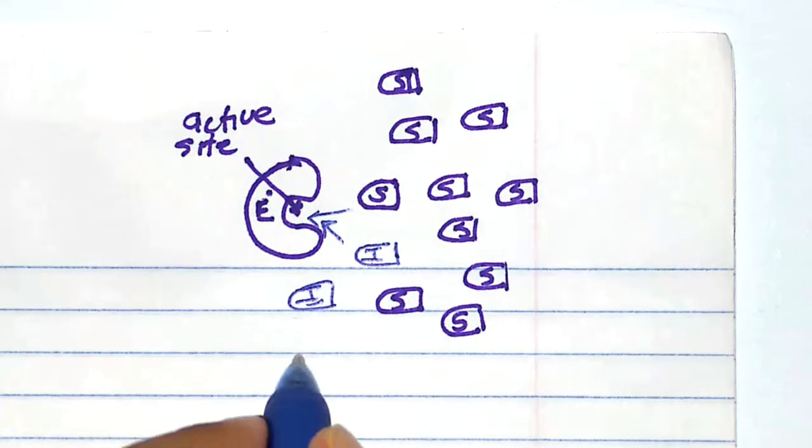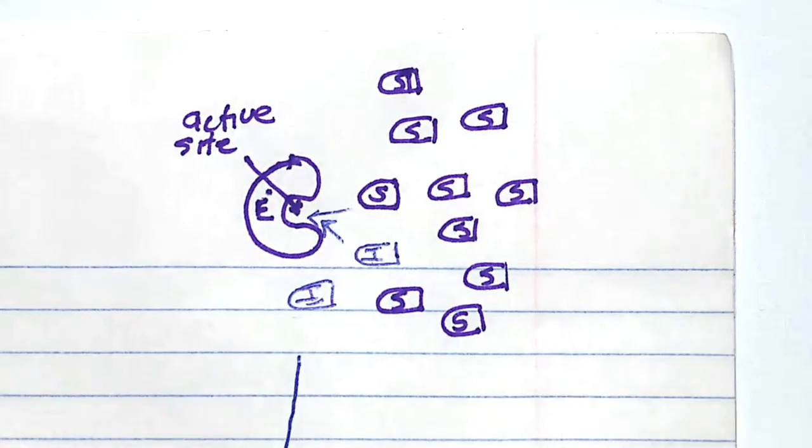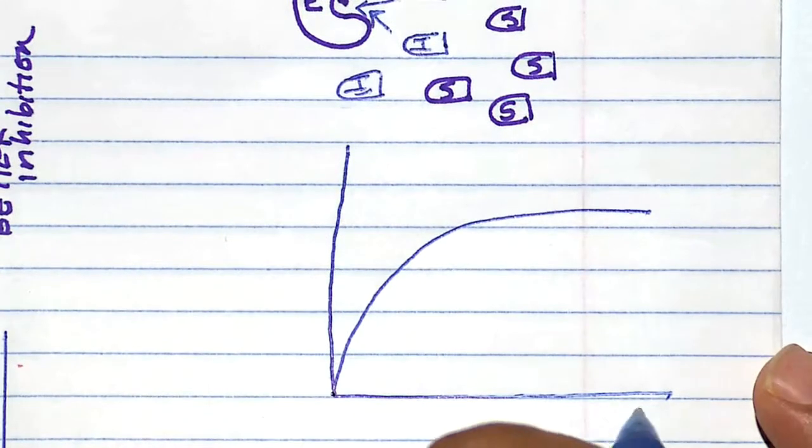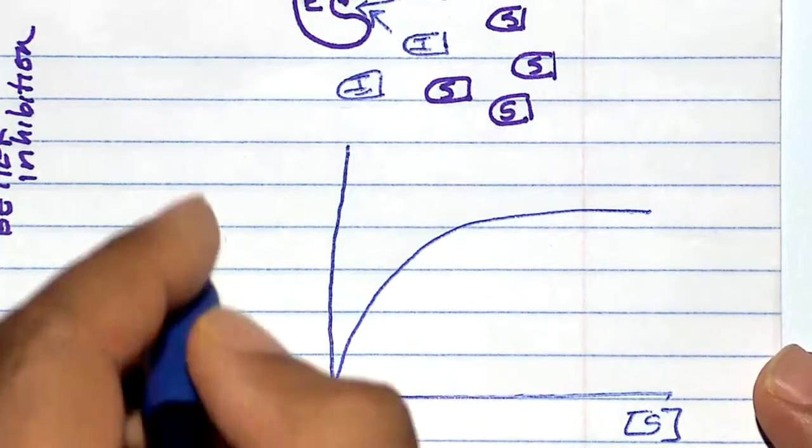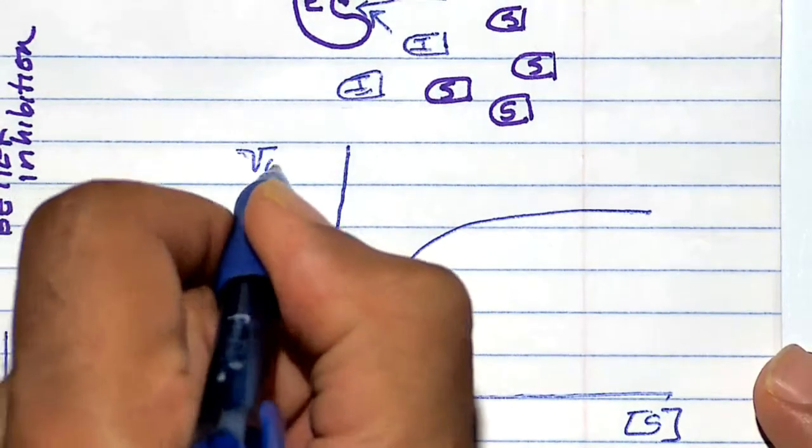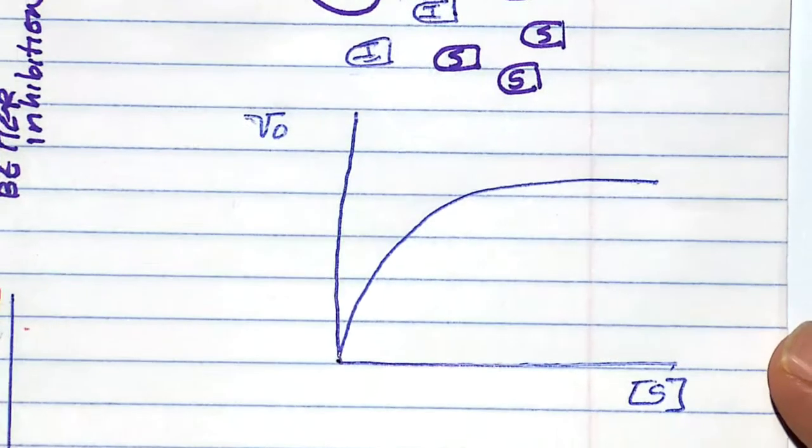So in this regard, let's come back to our Michaelis plot. Concentration of substrate on the x-axis, V sub O on the y-axis.